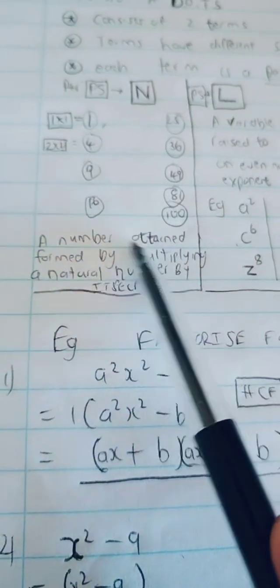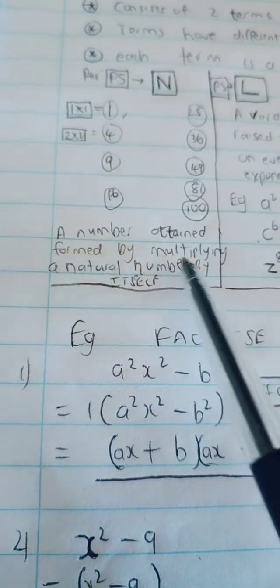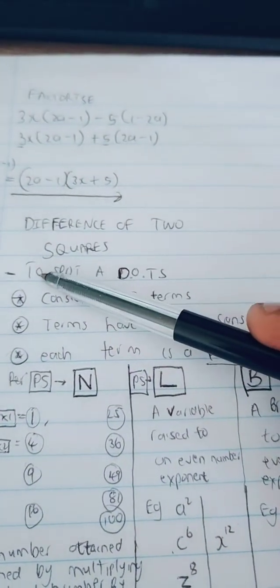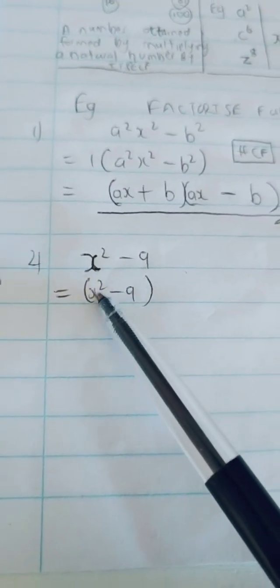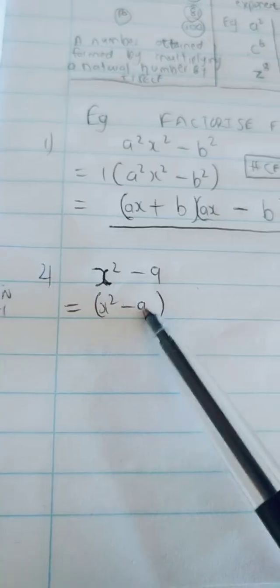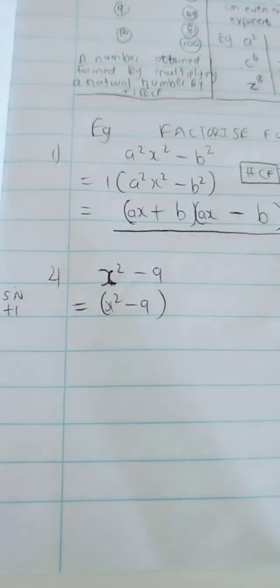Well, we said perfect square numbers are numbers that are formed by multiplying a certain natural number by itself. So 9 is a perfect square. If these 3 conditions are met, then it means that this is a difference. I say again, difference. Why are we saying difference? Because there's a minus sign in between. A difference of 2 perfect squares.